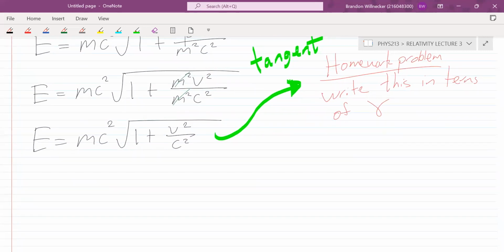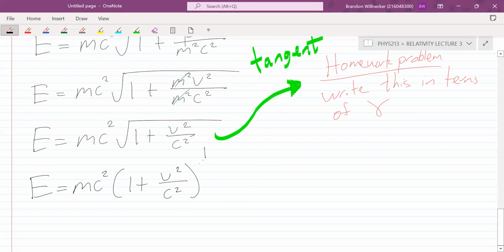What we want to do now is look at this root expression, keeping in mind that this term v squared over c squared is very, very small. So we have mc squared times 1 plus v squared over c squared to the power 1/2, where this term is very small. So we can do either a Taylor expansion or binomial expansion, whatever you want to call it.